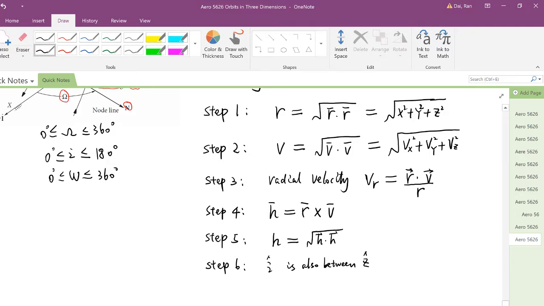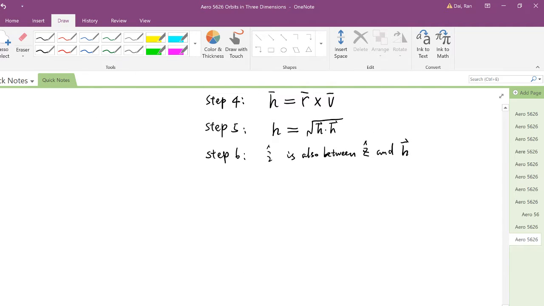Between the z-axis and the h vector. Therefore, step 6, based on this observation, the inclination i is equivalent to hz divided by h, and we get its inverse cosine.